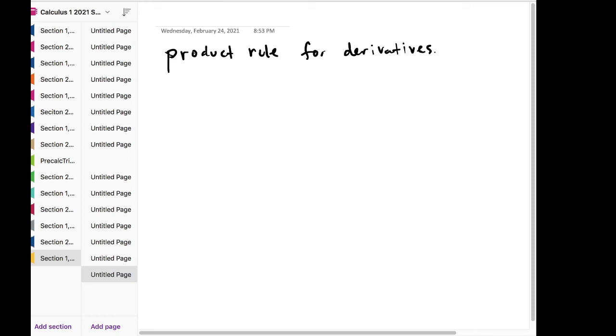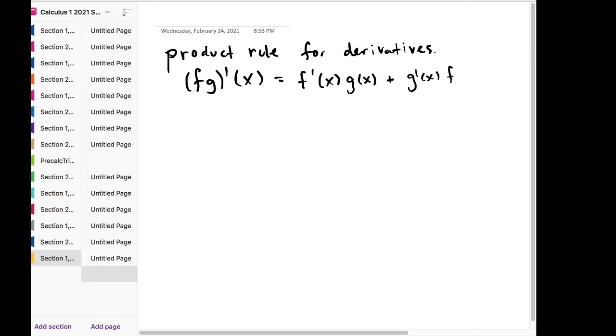That if you have a product of two functions, the derivative is found by taking the derivative of the first times the second plus the derivative of the second times the first. Not the derivative, just times the first. Okay.